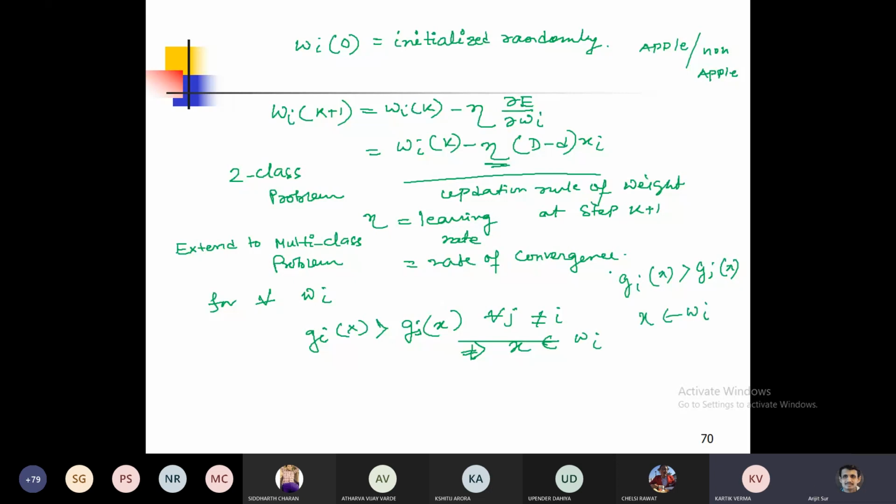Okay, so that is very important to understand. So this is very easily extended to the multi-class problem.